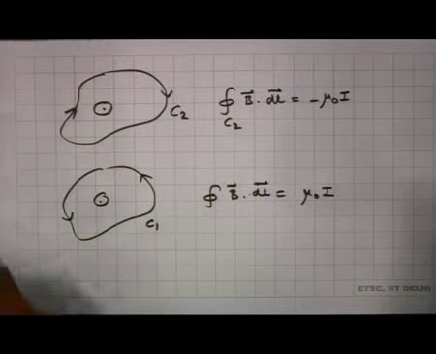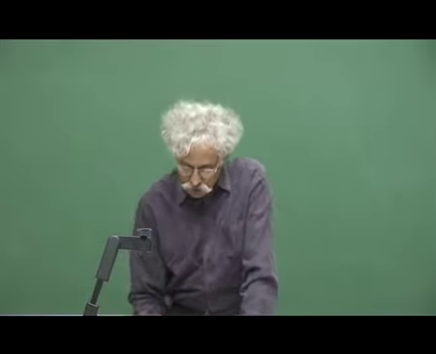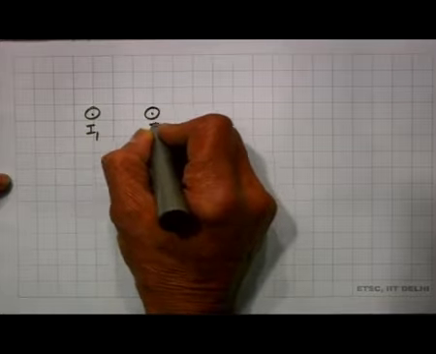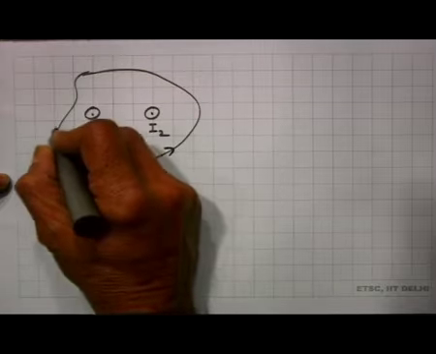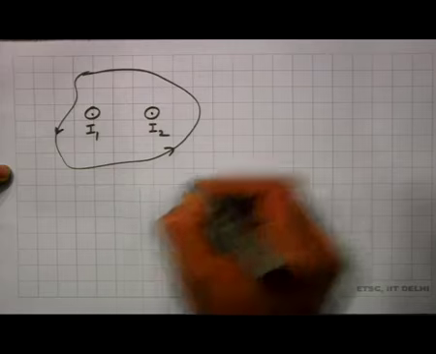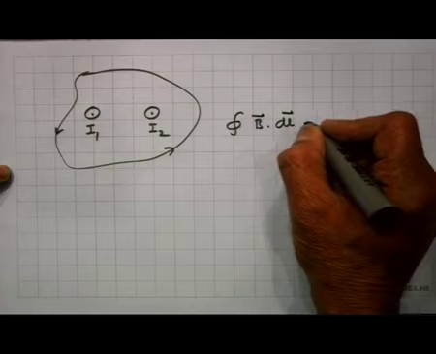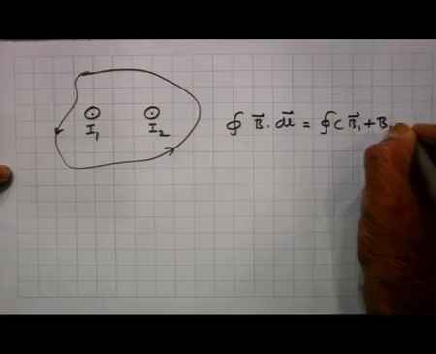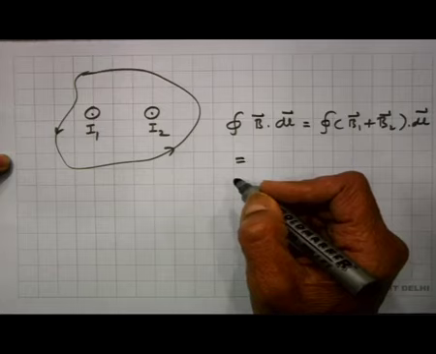This also tells you that if I have not just one conductor, but suppose I have more than one conductor carrying current. Let me assume that I have a current carrying conductor with current I 1 and another with I 2, and I form some loop like this. So, integral B dot dl will be equal to integral of B 1 plus B 2 dot dl, because magnetic fields satisfy superposition principle.